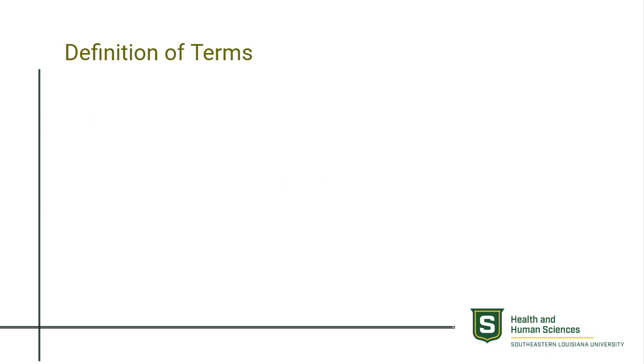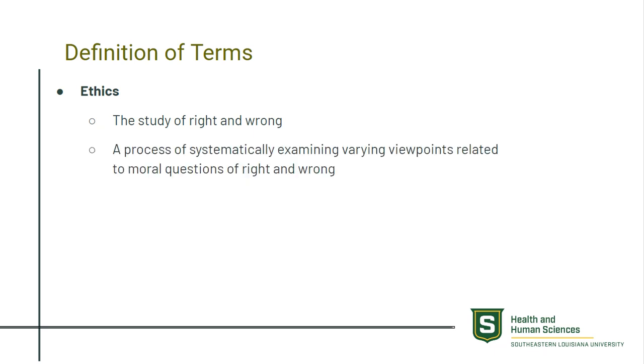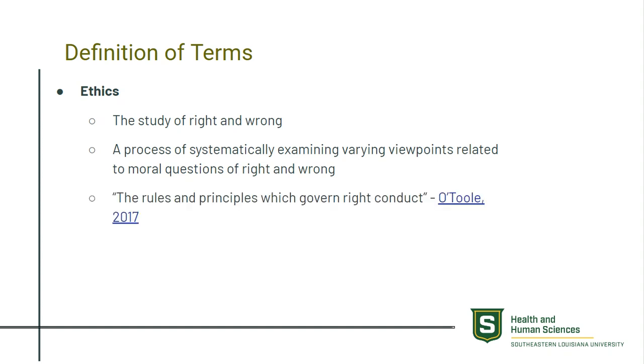Right. So, what is ethics? There are a couple of definitions that we're going to go with. One says it's the study of right and wrong. The other one says it's a process of systematically examining varying viewpoints related to moral questions of right and wrong. And we have its rules and principles that govern right conduct.